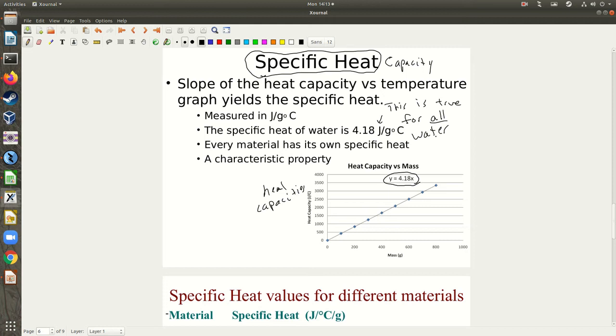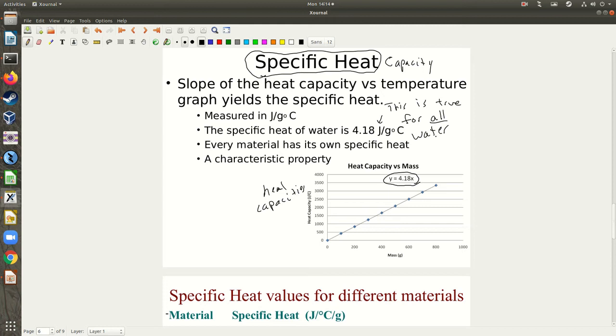We're dealing with distilled water, so you can think of it as 4.18. Some places do 4.186. Not sure why the book or whoever wrote this curriculum a long time ago did 4.18, but I've stuck with it, and it's close enough. Some places will do 4.180. It just kind of depends on your initial conditions, I suppose, but we'll use 4.18 from here on out.